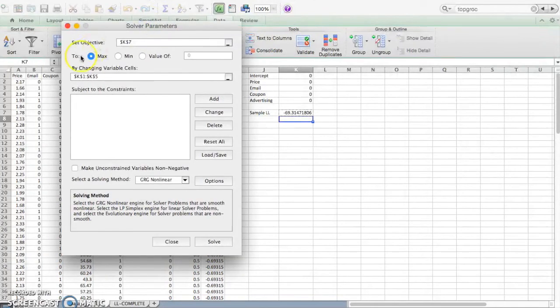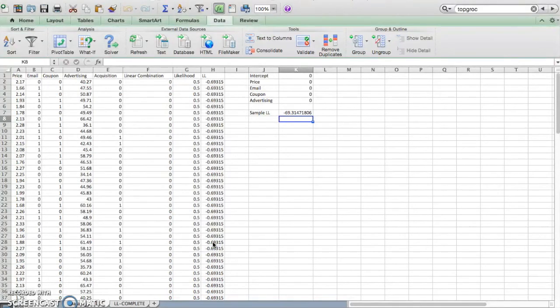And then we want to maximize this log likelihood. And in order to do that, we can manipulate cells K1 through K5. So now we can solve.